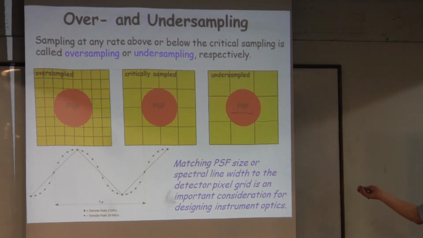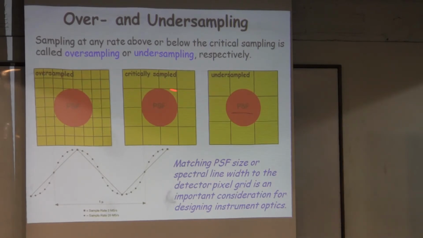Of course, we know it's much more complicated than this, but let's say this is the central peak of the point spread function, and let's just look at the central part. What's the grid here? These are our detectors. So we look at the point spread function from the telescope and we image it onto our detector. This could be our CCD camera, and these little squares here are different pixels.